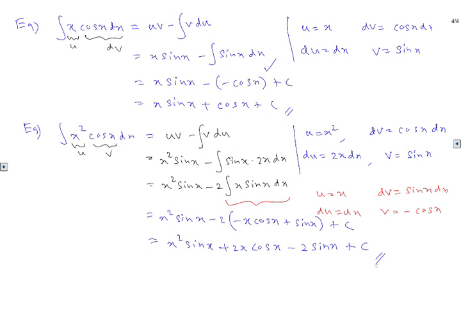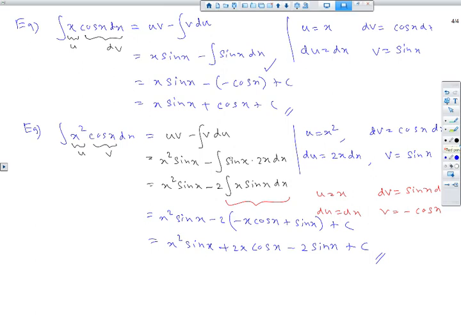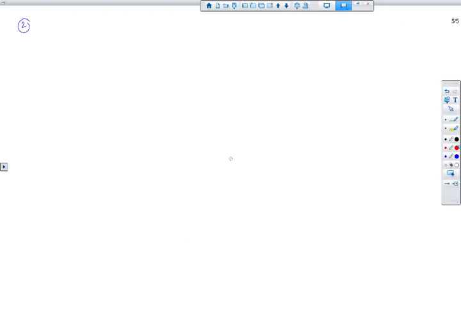Let's go to the second type. So what's the second type? The second type is a polynomial and an exponential function, like e to the x, e to the negative 3x, stuff like that.